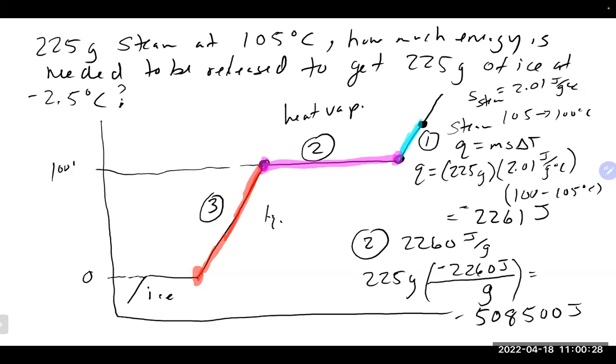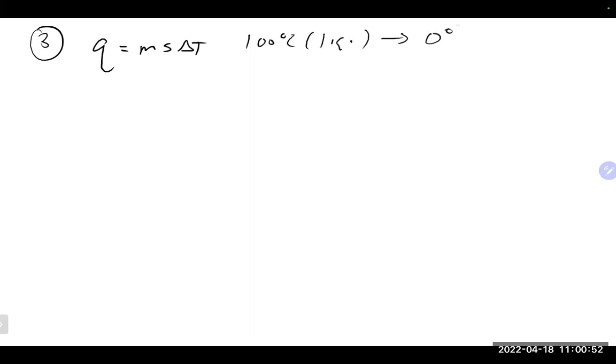So it's liquid all the way through that process. This once again takes us back to our specific heat equation. I'm going to flip the page here to have somewhere to write for number 3: 100 degrees Celsius liquid water to 0 degrees Celsius.